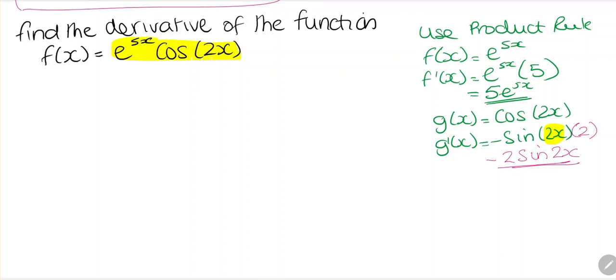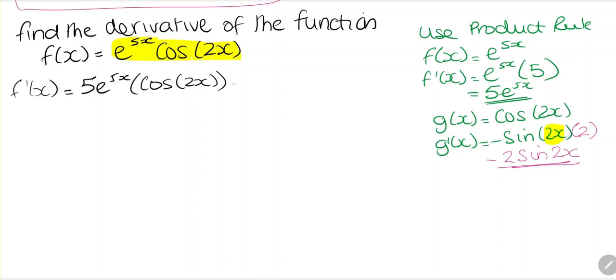So now we just need to substitute this in. f prime of x is going to be f prime, so that's 5e to the 5x multiplied by our g of x, which is cosine 2x.